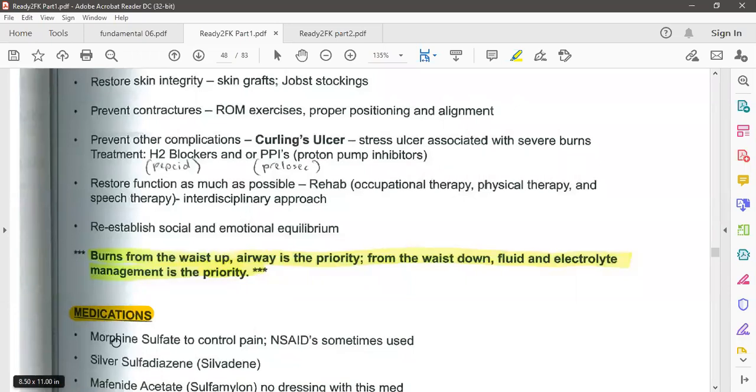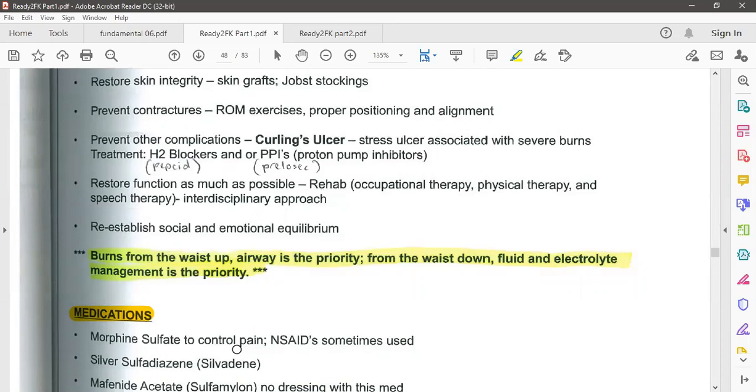We give them pain medication first, like an opioid. Morphine sulfate to control the pain, or a non-steroidal anti-inflammatory, which is sometimes useful. So administer an IV opioid analgesic.